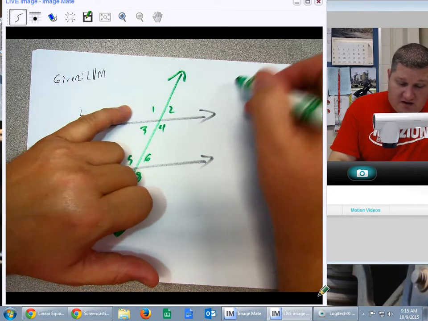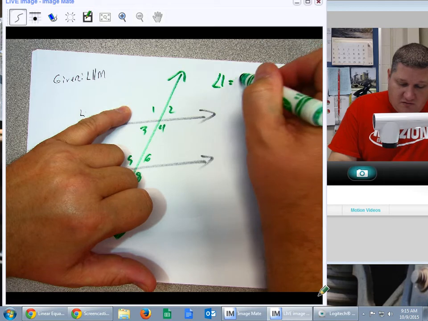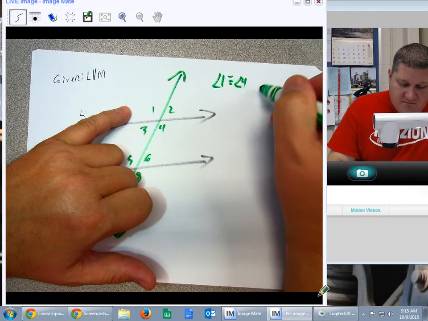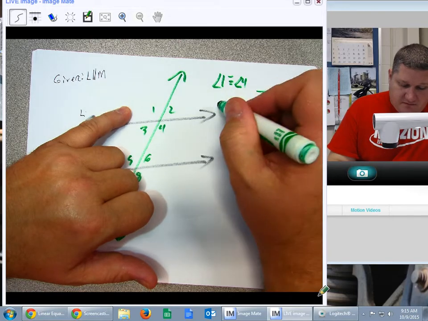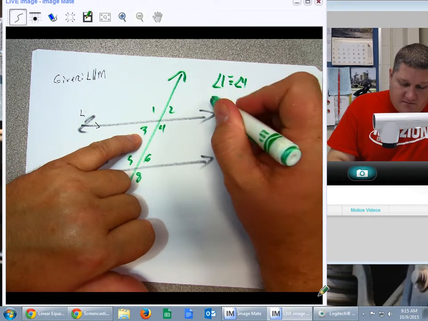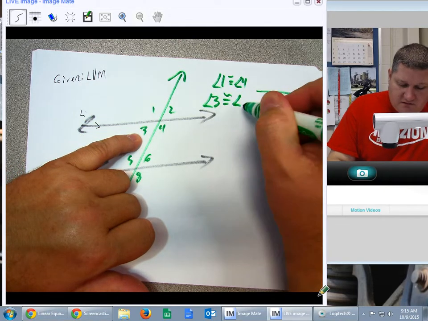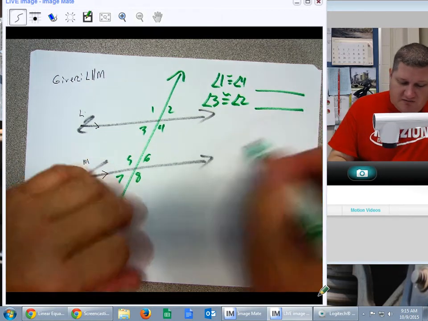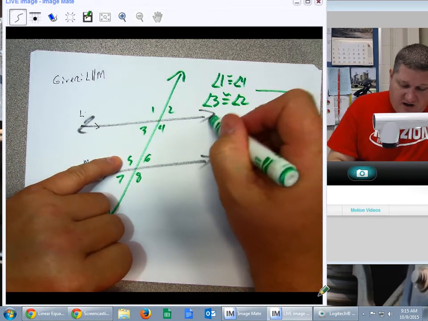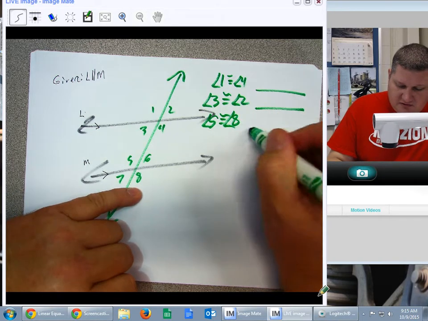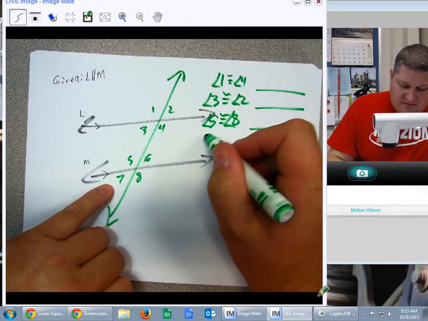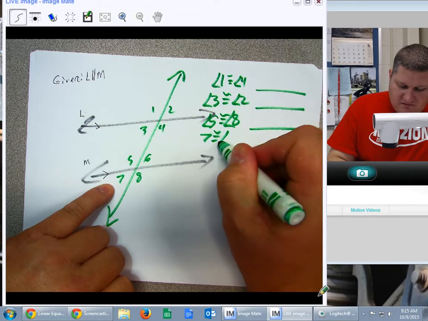I can say 1 is congruent to 4, you need to give me a reason. 3 is congruent to 2, you need to give me a reason. 5 is congruent to 8, you need to give me a reason. And 7 is congruent to 6.